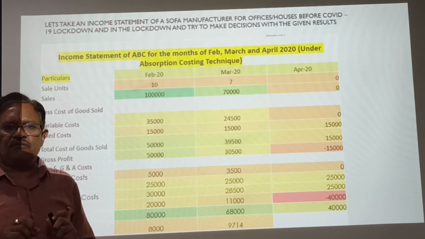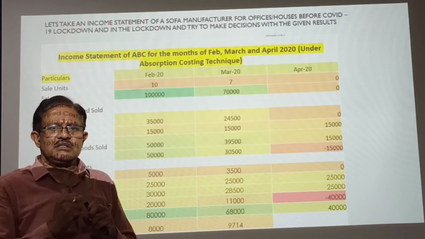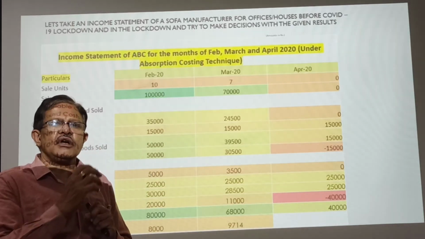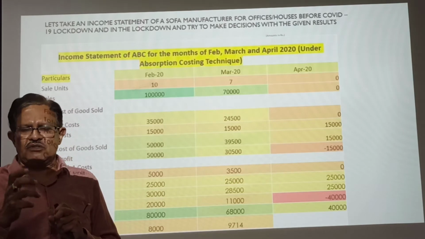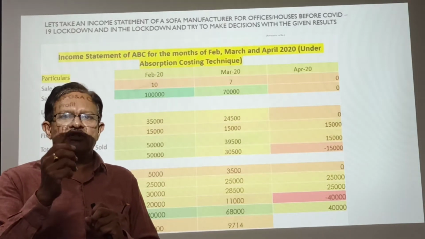Examples of fixed costs are the rentals and the salaries that we need to pay to the employees. These are called fixed costs. They don't vary with the size of the production.